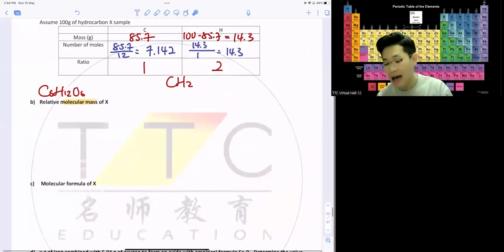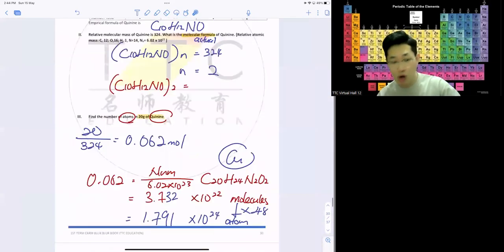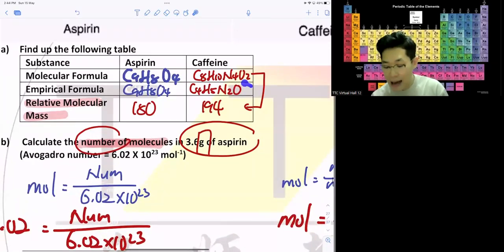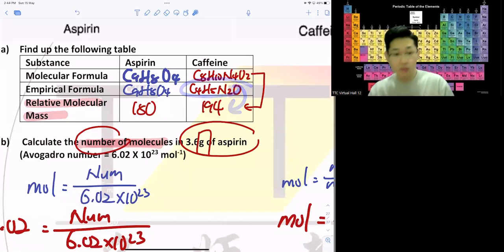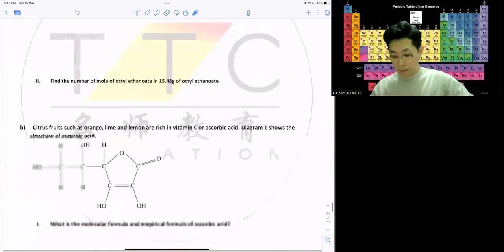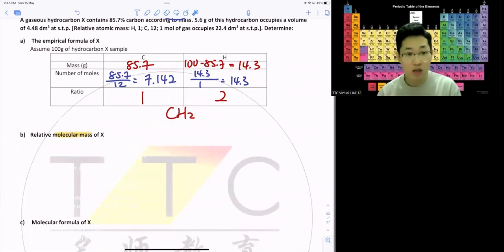But this one is the empirical formula. As I told you just now, in this question, never use the empirical formula for your molecular mass. Molecular formula is for molecular mass. But what we got here is only the empirical formula. We don't have the molecular formula.